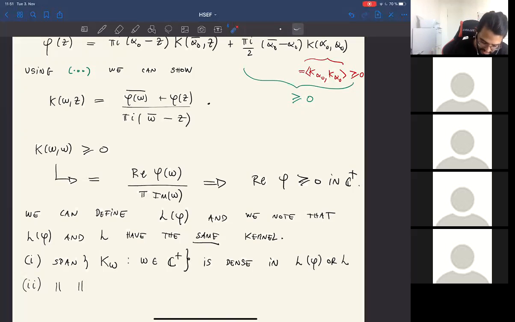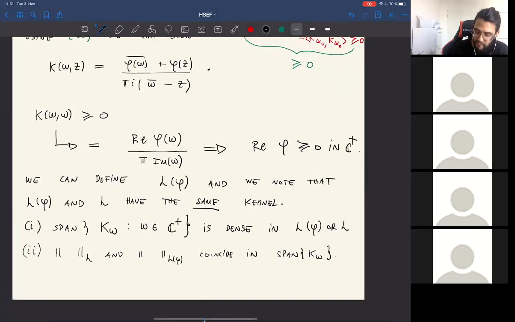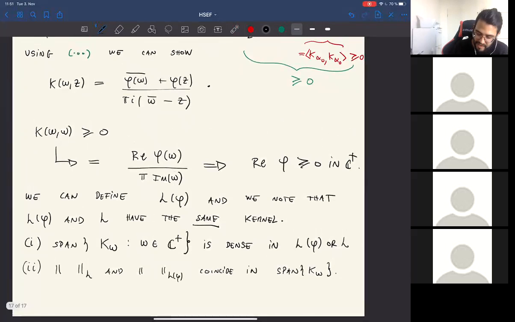So you realize that the norm of L and the norm of L phi coincide in this span of the k_w's.